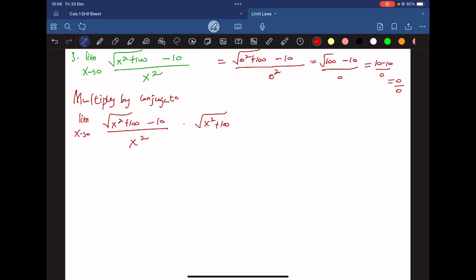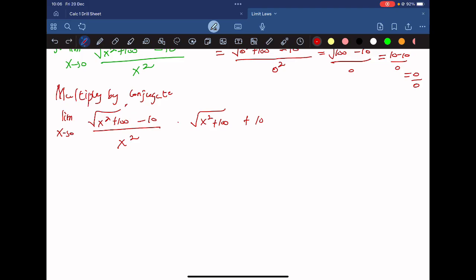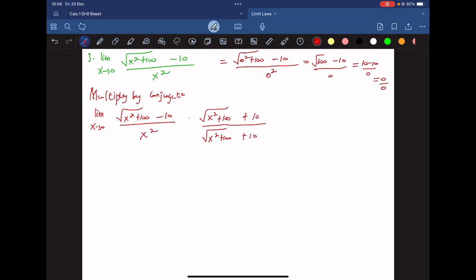The only sign that you have to change is what is in between those terms, this first term right here and the second term. The sign in between them is what we change, not what is inside the square root. So we have to divide by the same thing, the square root of (x squared plus 100) plus 10. Note that if we divide this by itself, we get 1. So basically, we've not changed the question. It's the same thing, right? It's just a trick.